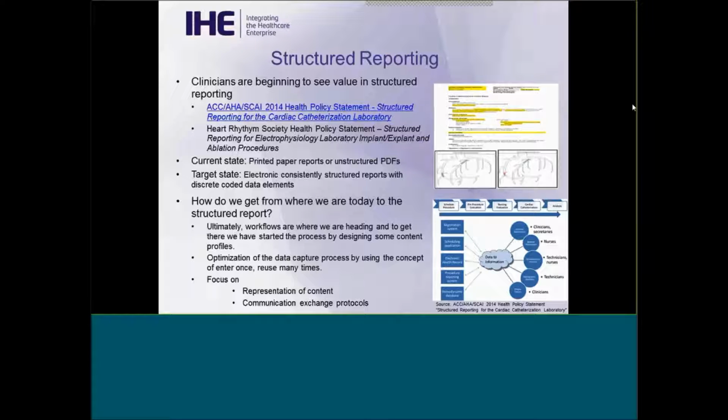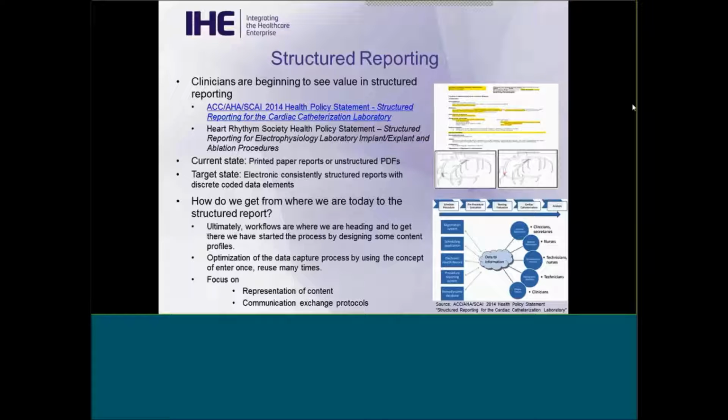And the electronic clinical systems, which are all moving towards the EHR to be able to share all these documents, won't be able to have access to that information. So the target state is to get electronic structured reports with consistent structure and discrete data elements coded using standardized nomenclatures for the clinical concepts.